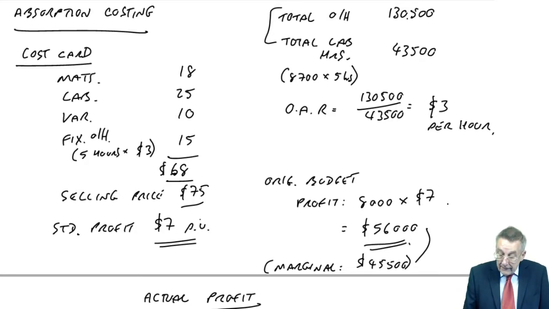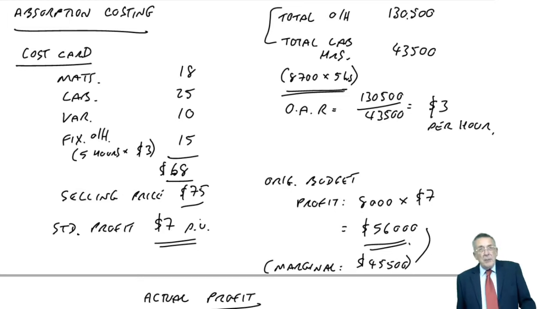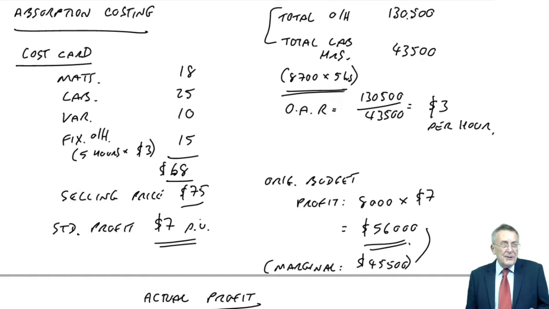And the hours, we were assuming that we produced 8,700, the budgeted amount. Well, we didn't. We actually produced 8,900. And if we produce 8,900, in fact, the fixed overheads don't turn out to be $15 a unit, and the profit isn't going to be $7.